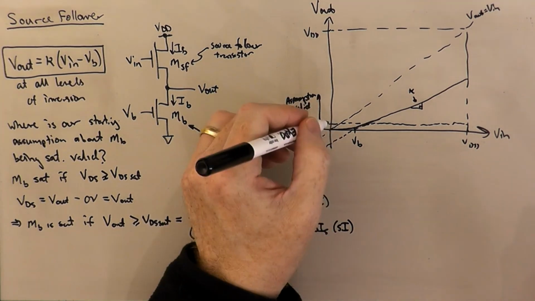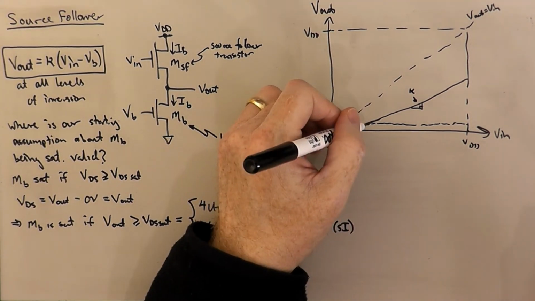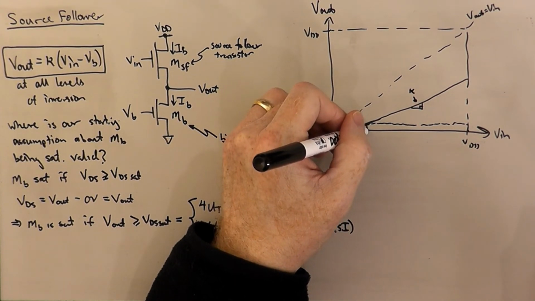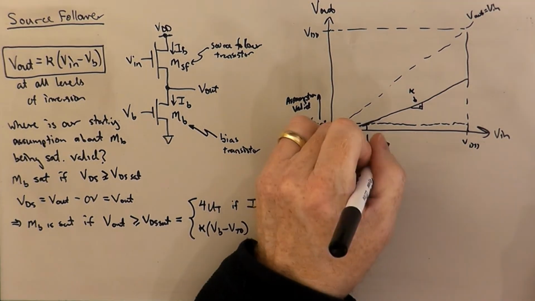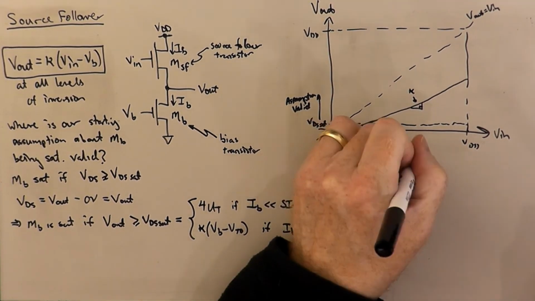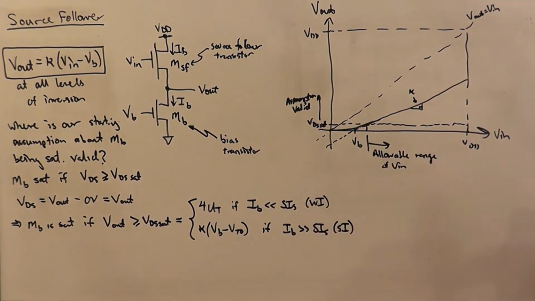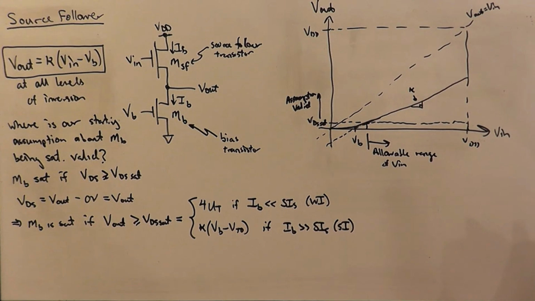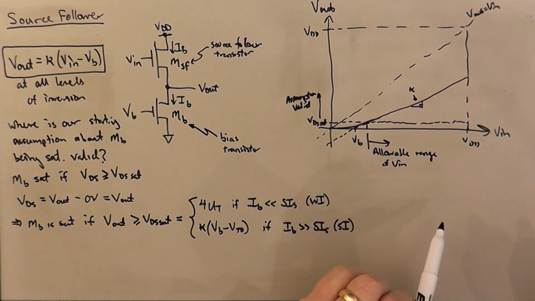And using that region V greater than VDS sat, we can map that back into, if you like, an allowable range of input voltages. So in this range of input voltages, our circuit is behaving the way that we would like it to.